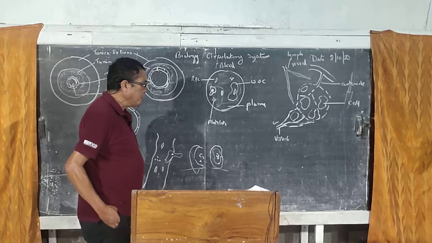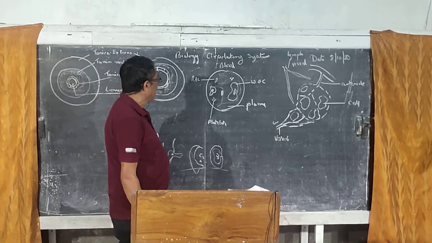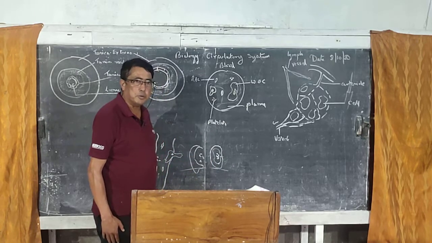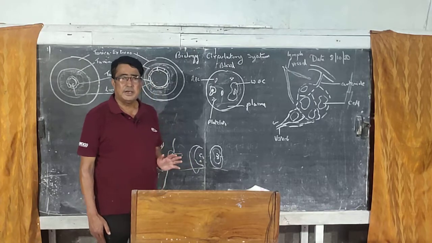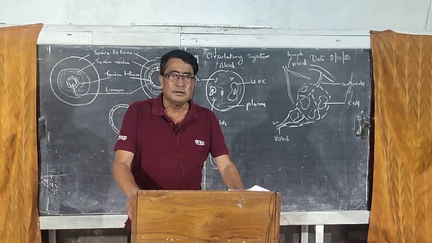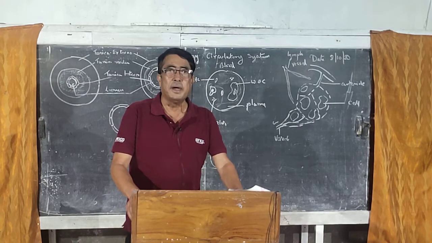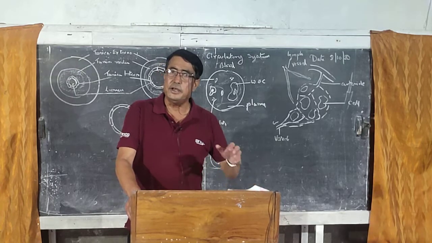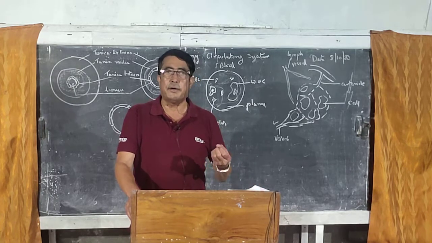Now, the function of RBC, one function of each cell you must know. RBC contains an important pigment called hemoglobin, which is red in color, so it imparts the blood a red color.